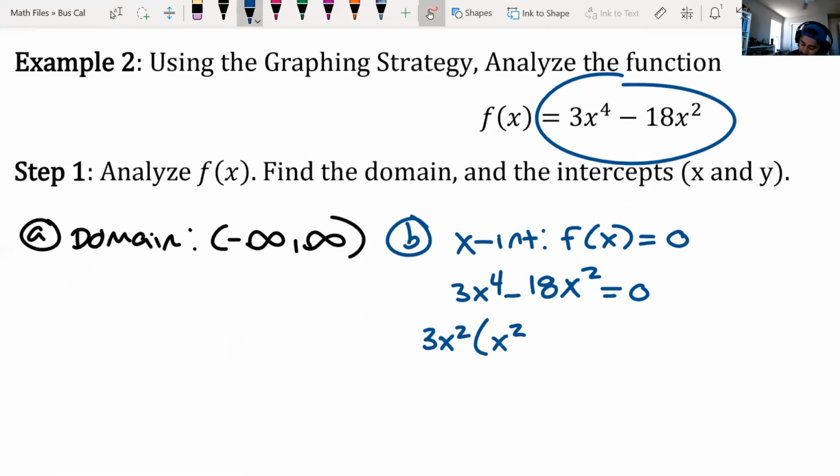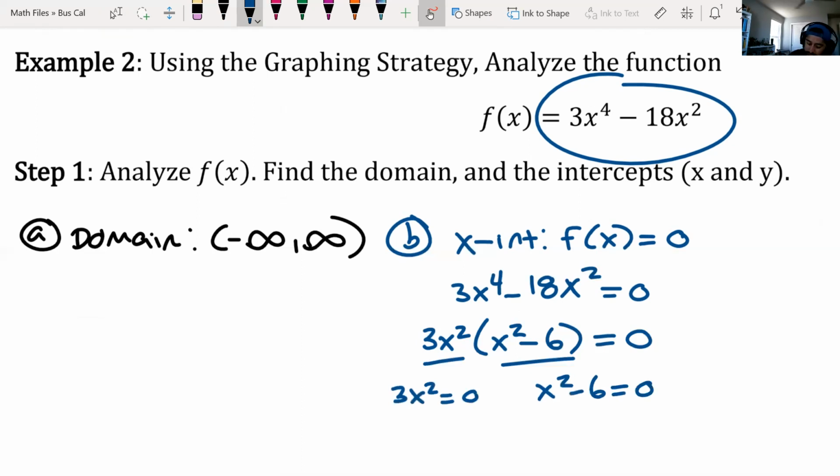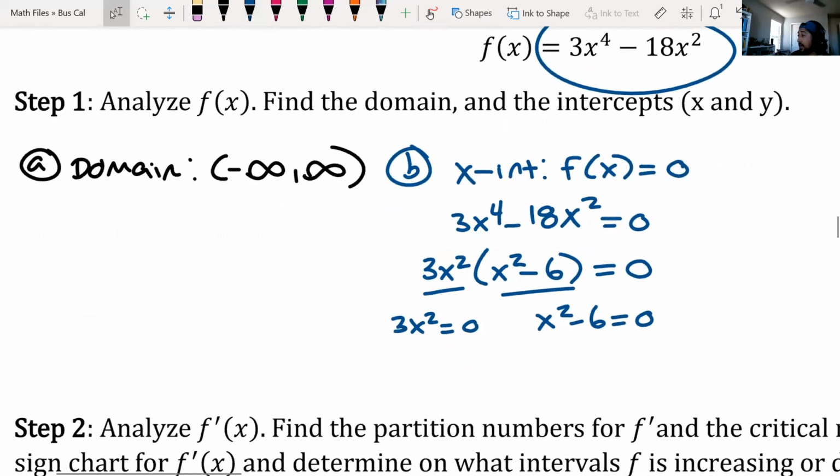That'll leave me with x squared minus 6 equal to 0. Now we can't factor anymore, so we set both terms equal to 0: 3x squared equal to 0, and x squared minus 6 equal to 0. On the 3x squared, you divide by 3 and get x squared equals 0, and then you square root both sides and get x equals 0.